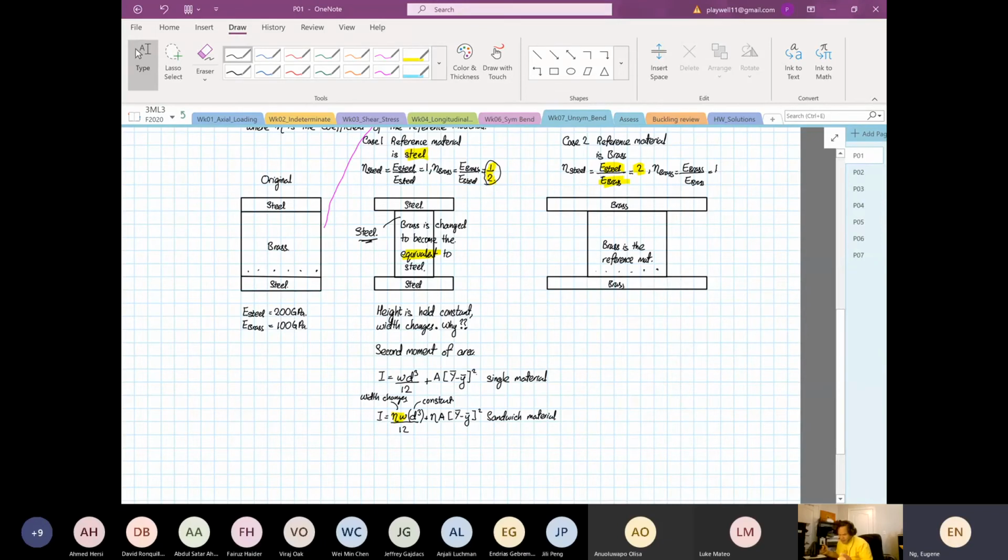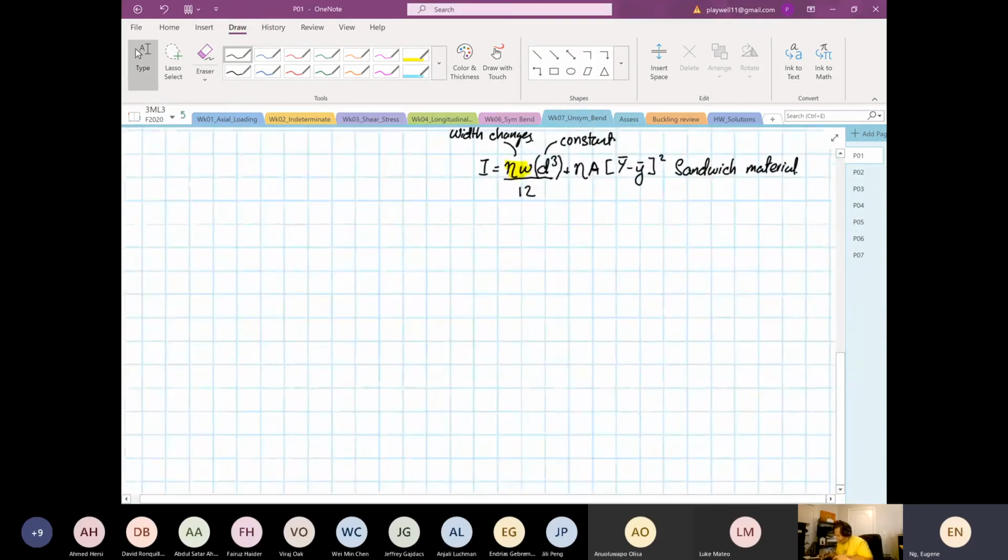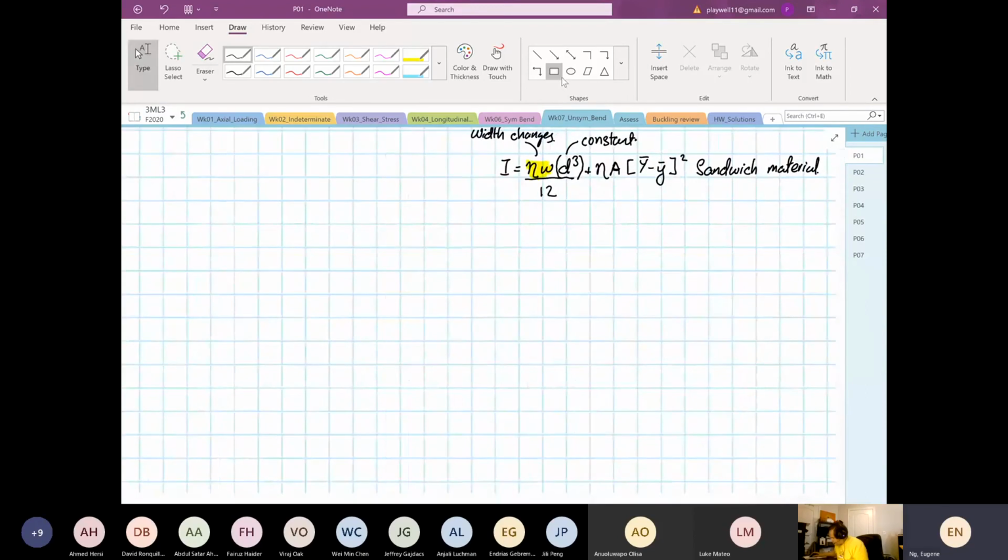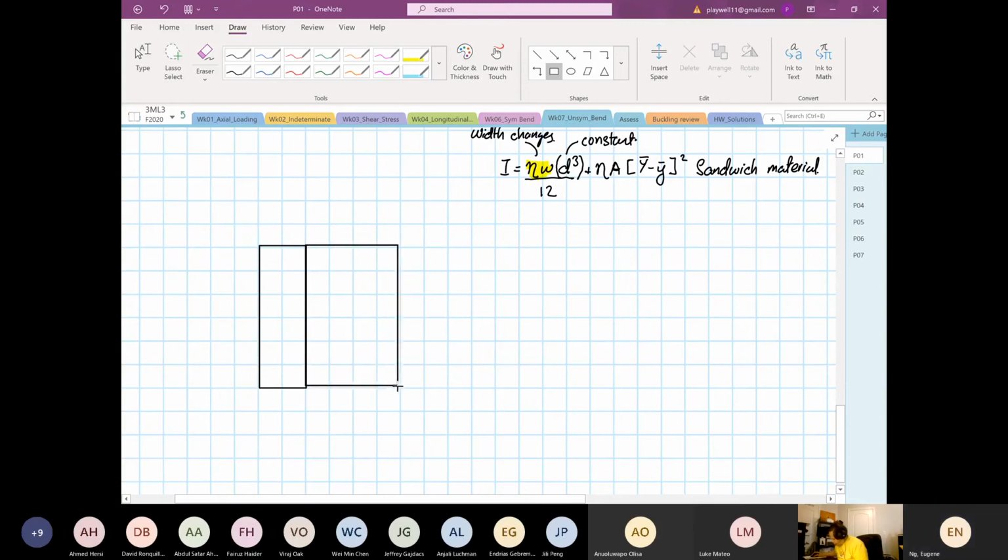Now let's say the structure does not look like this anymore. Let's say I'm going to flip the structure around. What do I mean by that? So now the structure looks like this. So 2, and then this is 4, and 2.